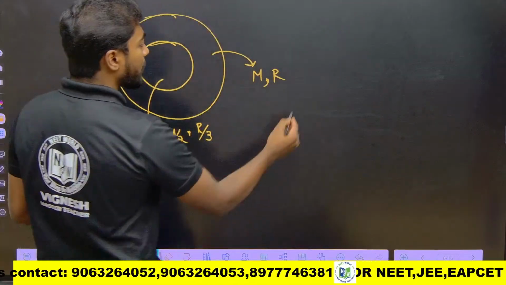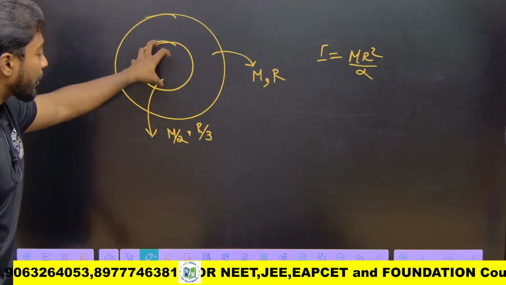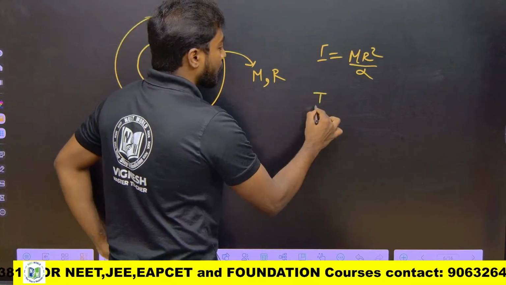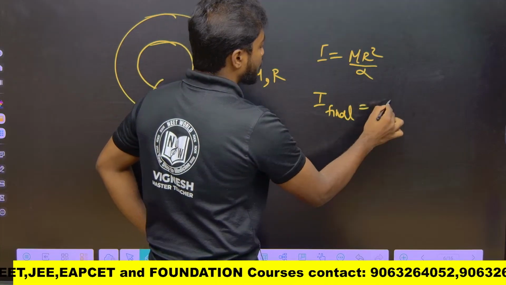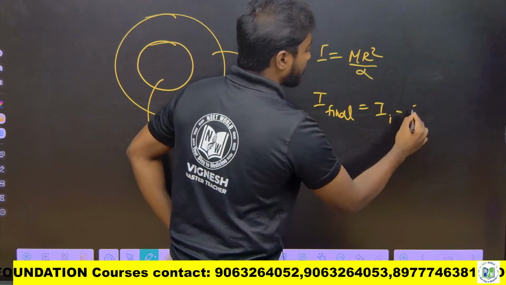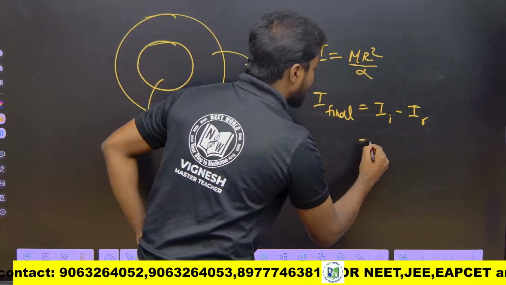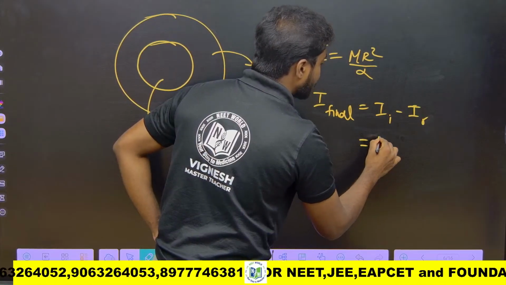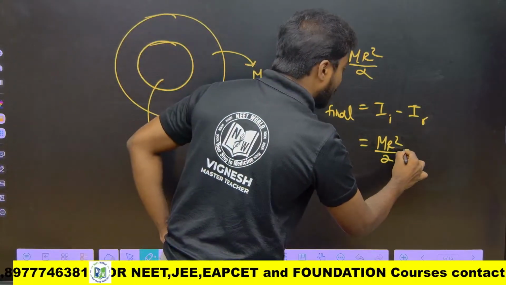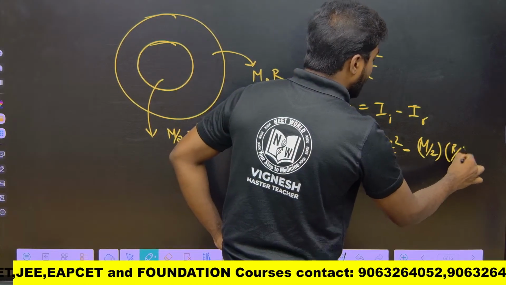Initially the moment of inertia is I equals mr square by 2, right. Now I have removed a certain part and I need to find the remaining moment of inertia. So the final moment of inertia should be equal to the initial moment of inertia minus the moment of inertia of the removed part. The initial is mr square by 2, minus m by 2 into r by 3 the whole square by 2.